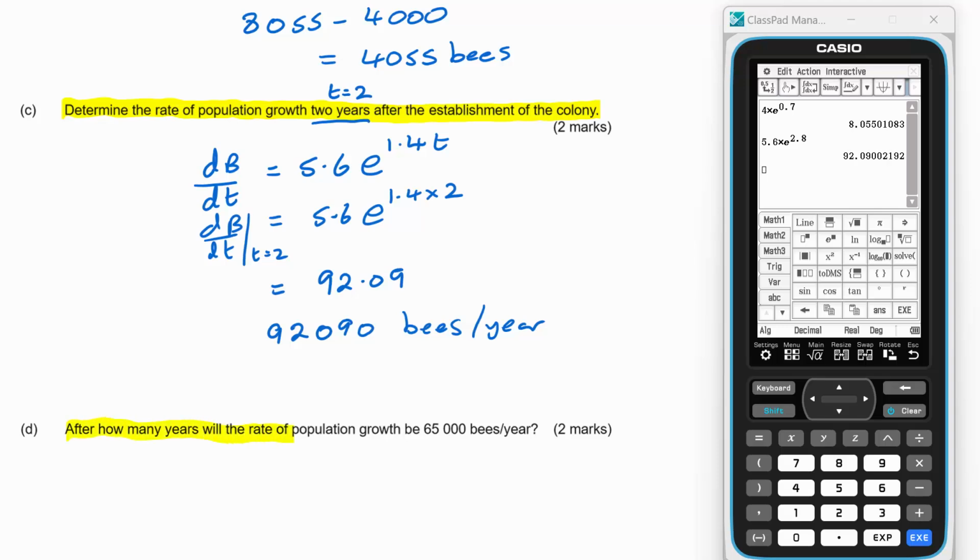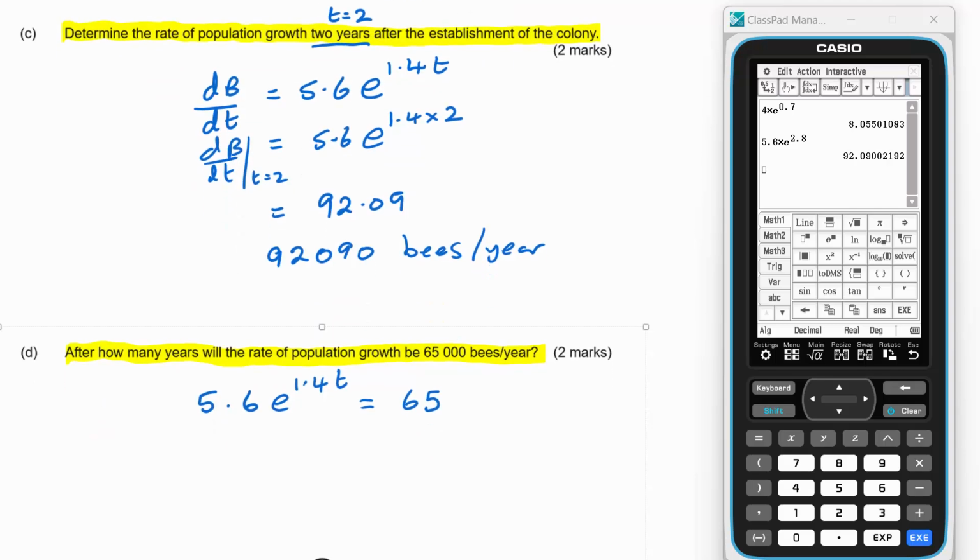After how many years will the rate of population growth be 65,000 bees per year? So our expression for the rate of growth is 5.6e^(1.4t). And so we want that to be equal to 65. Remember, it's in thousands, so we just need to change that to 65. And then we can just solve for that.